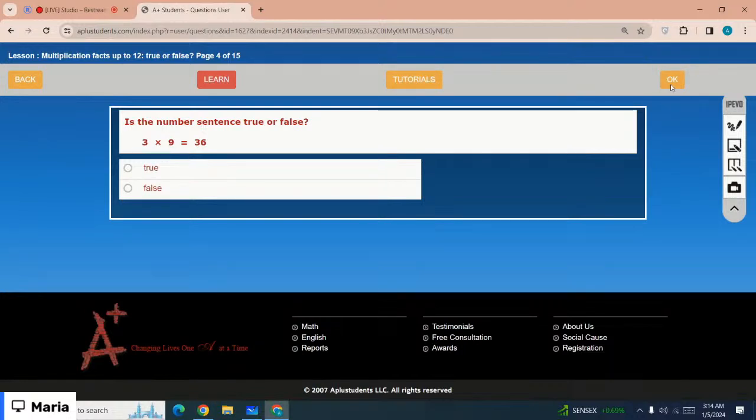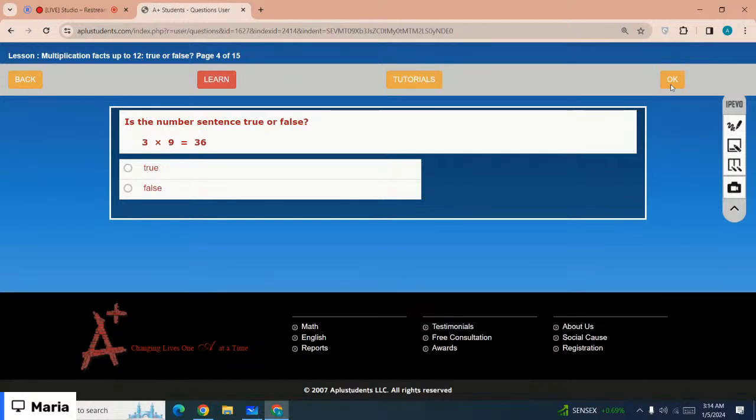Is the number sentence true or false? 3 times 9 equal 36. That is false, right?